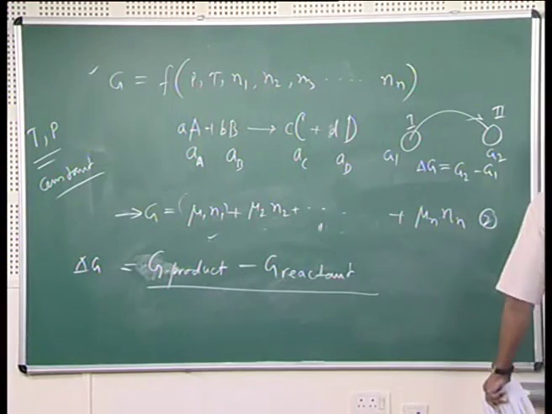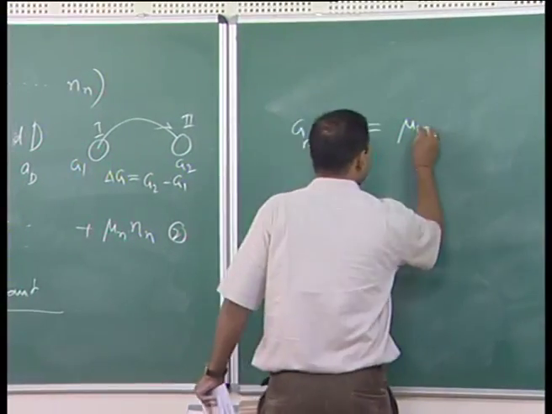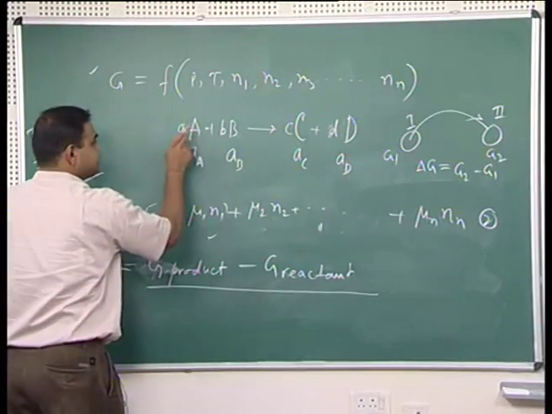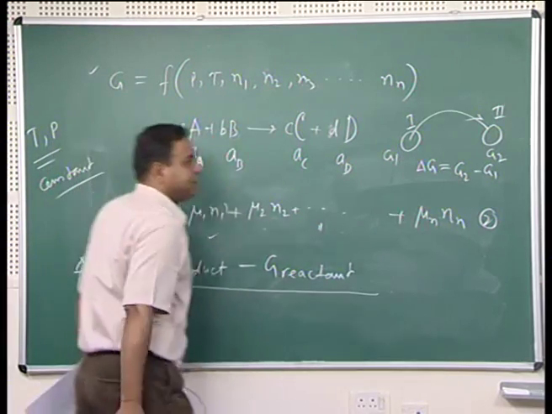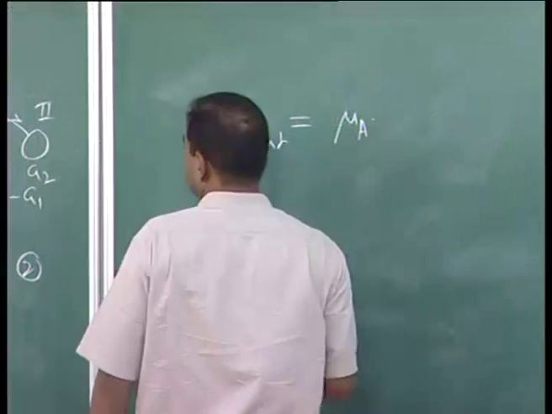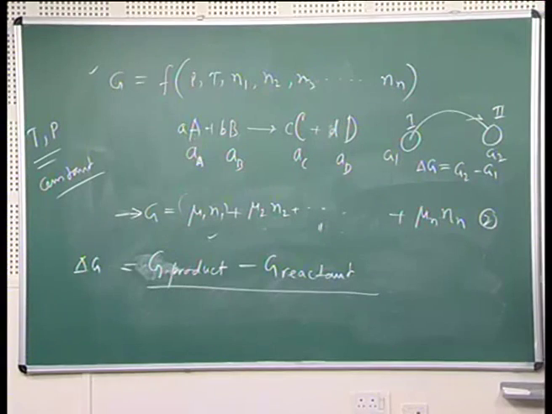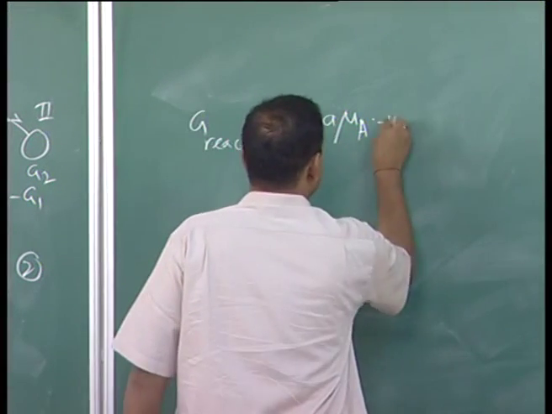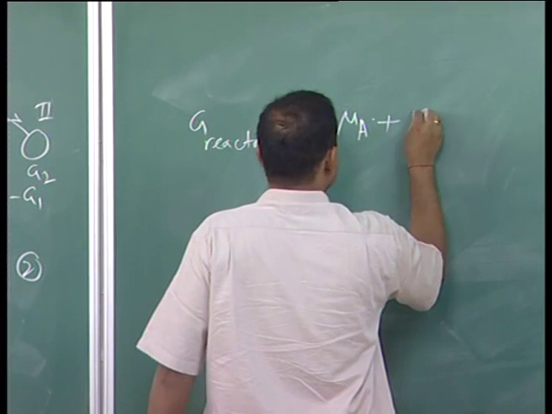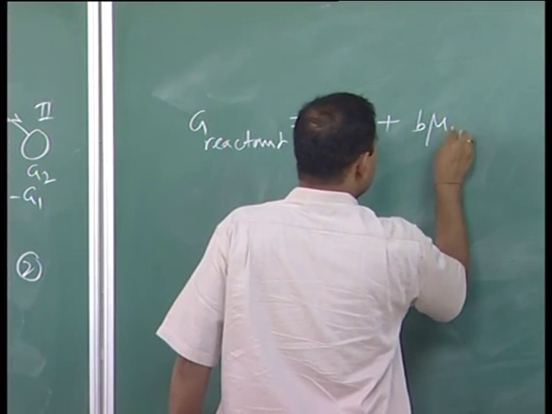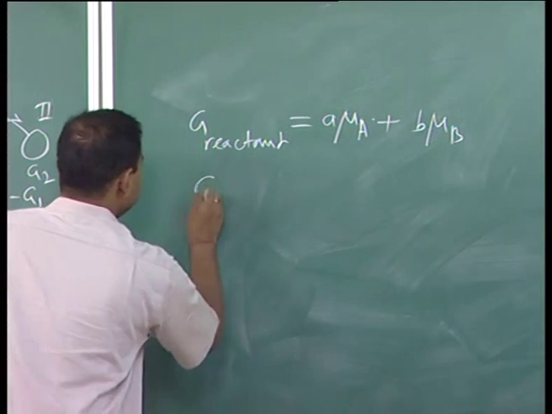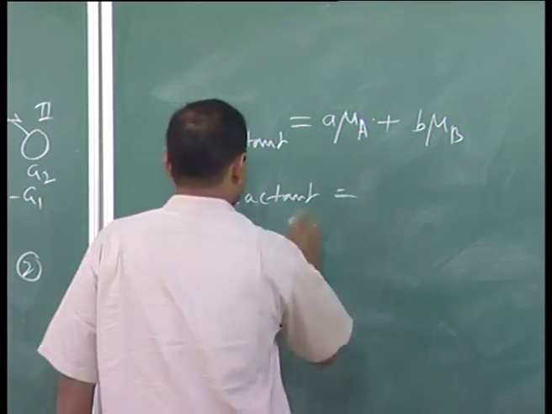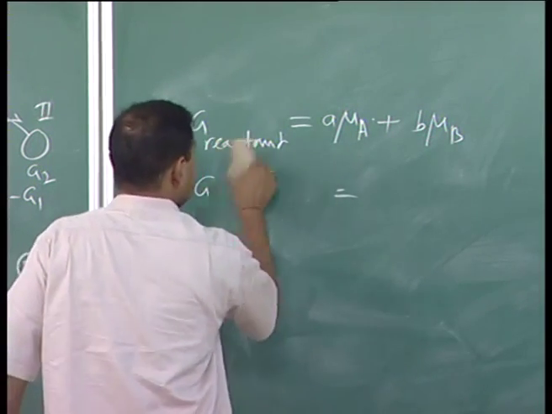It would be equal to mu A, because you have considered two components, capital A and capital B. So, mu A into the number of moles, which is a, plus b mu B. This is my reactant case.